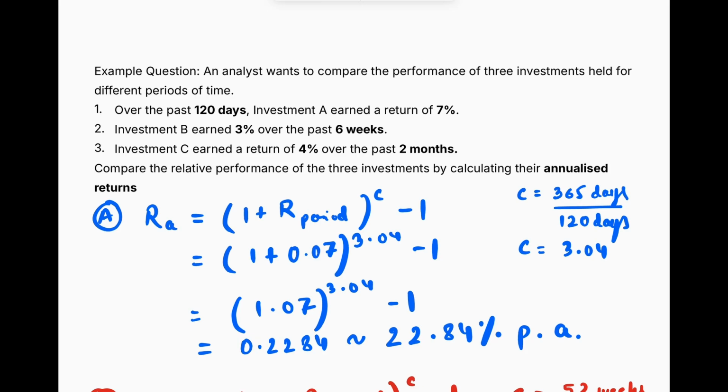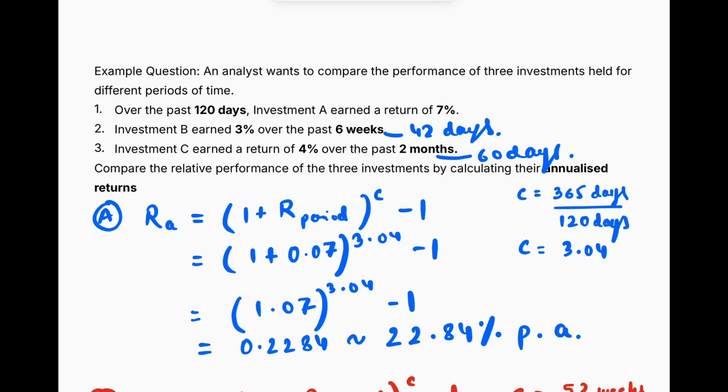This 3% return you are getting in 6 weeks. So basically, in 6 weeks there are 42 days. In 2 months, you have 60 days.